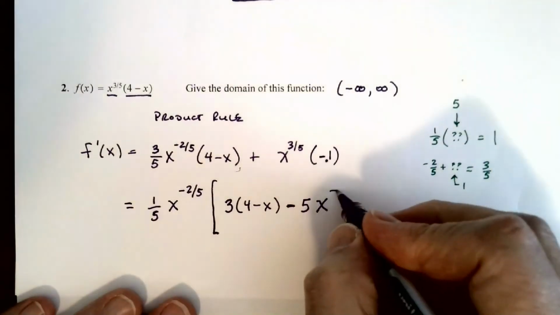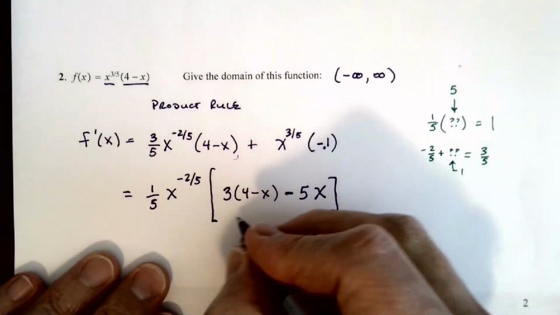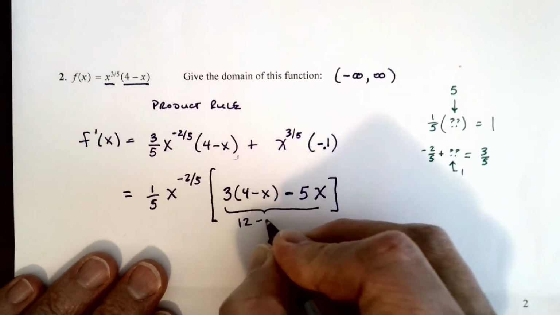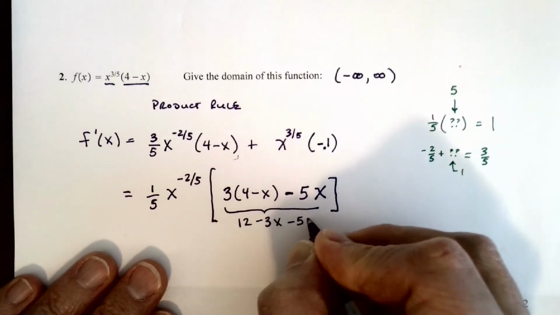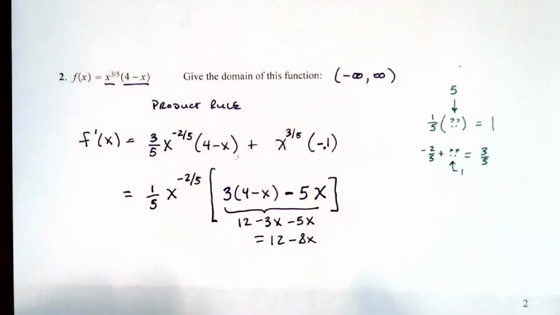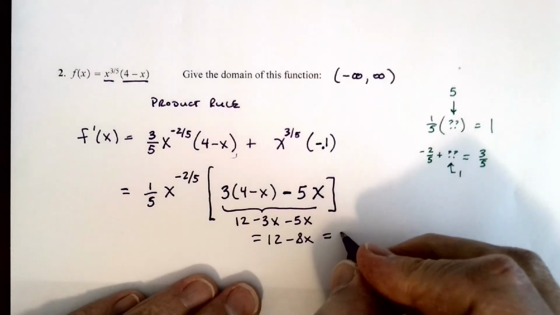Okay. So I hope you see now why I factored this fraction out and this, because this right here now can be simplified, right? Distributing the 3 and then combining like terms, I get 12 minus 8x. And I can even factor out of that what? A 4.